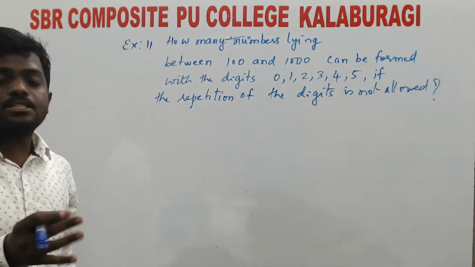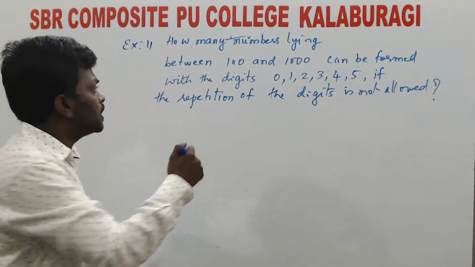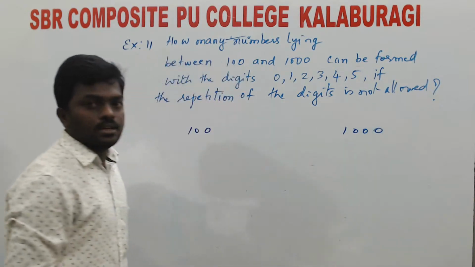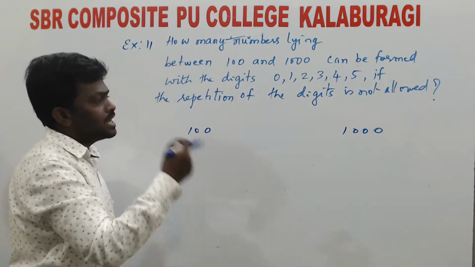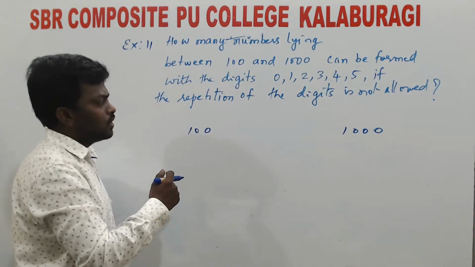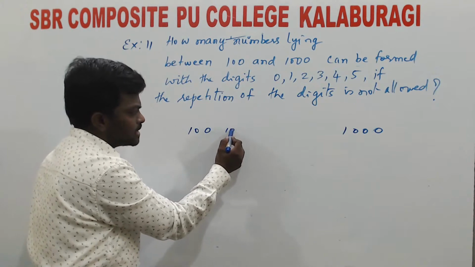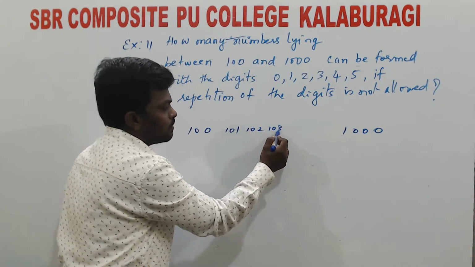So they are asking us how many numbers are between 100 and 1000, students, right? So between 100 and 1000, how many different numbers do we have? After 100 it will start with 101, then 102, then 103.